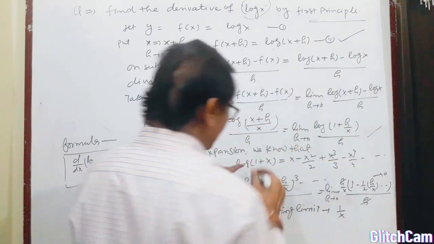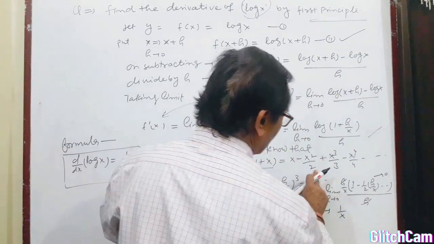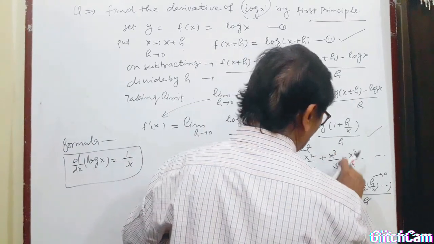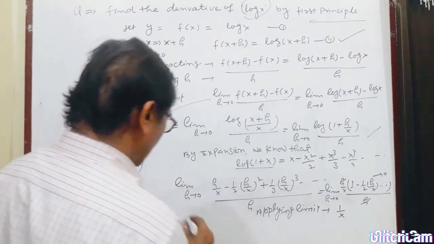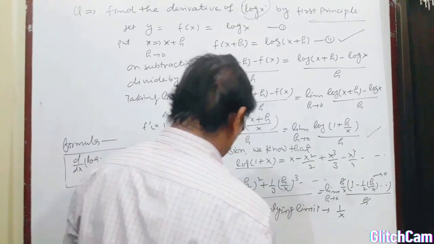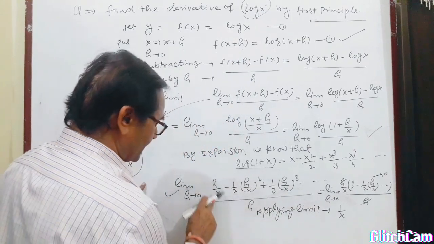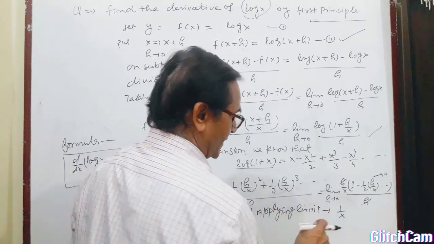By expansion we know that log(1 plus x) is x minus x square upon 2 plus x cube upon 3 minus x to the 4 upon 4 and so on. We apply the formula and obtain the limit as h tends to 0 of h upon x minus 1 upon 2 times (h upon x) whole square and so on.